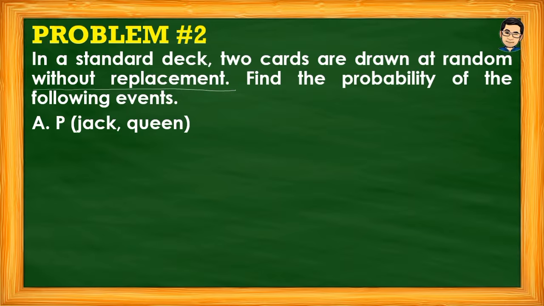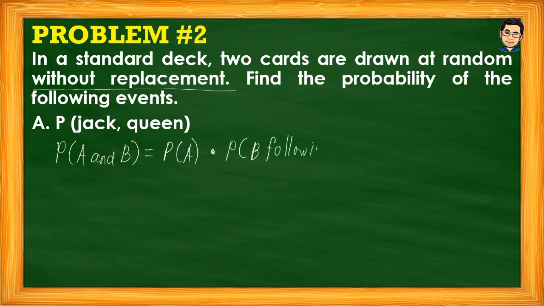So, kung papakita natin yung formula ng dependent events, so, diba, ganito siya. Probability of A and B is equal to probability of A times probability of B following A. Para lang mas makita natin talaga siya gamit yung kanyang notation.